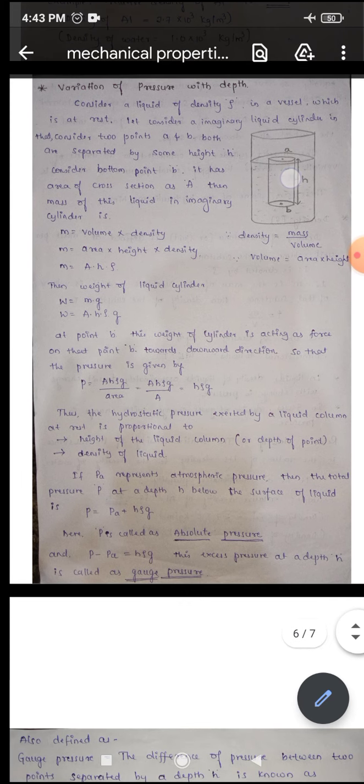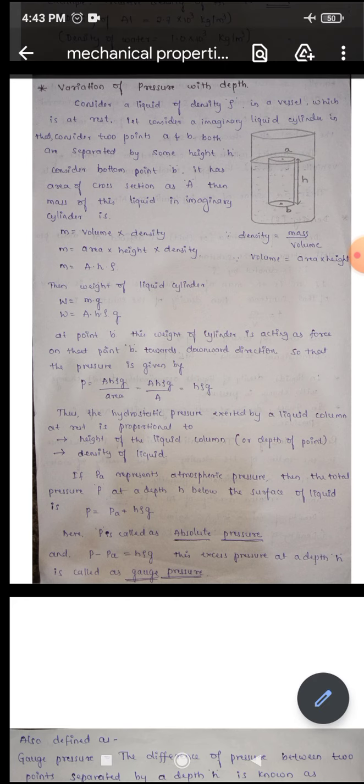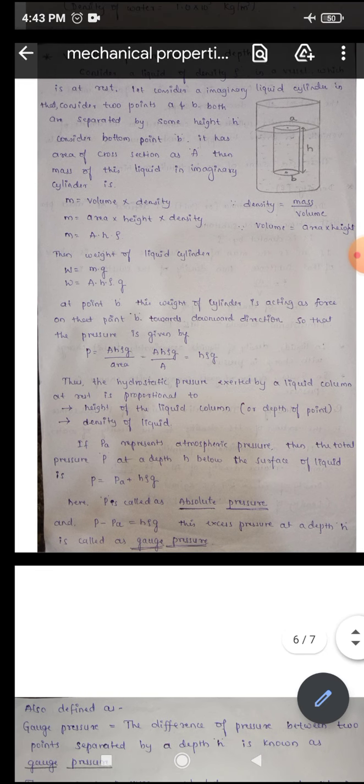Weight is also a kind of force. At point B, the force is due to the weight of the whole imaginary cylinder, which acts in the downward direction due to gravity.